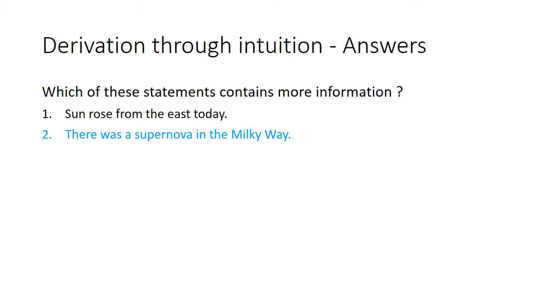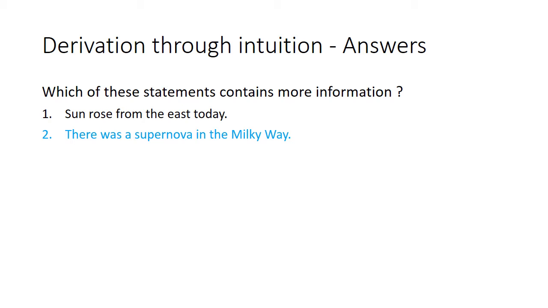The probability of the sun rising from the east is practically 1. Whereas for a supernova in the Milky Way galaxy, the probability is much less. It's a very unlikely event. Supernovas are pretty common, but a supernova in the Milky Way galaxy is what we are talking about. So how often do those happen?